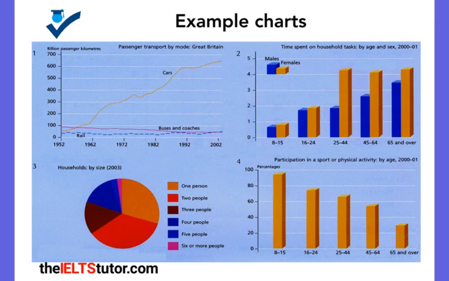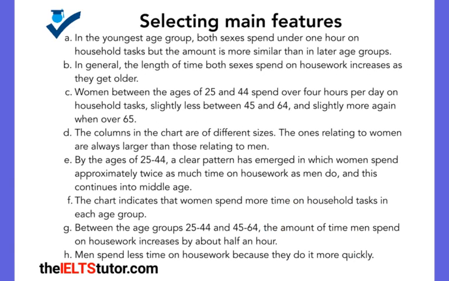And if you take a look at maybe statement F, the chart indicates that women spend more time on household tasks in each age group. That is also a good overview. So I would say E and F are very good overviews to use because they give you the best general summary of the information in the chart.